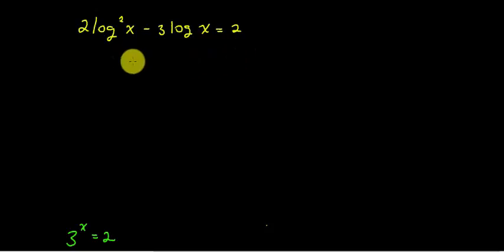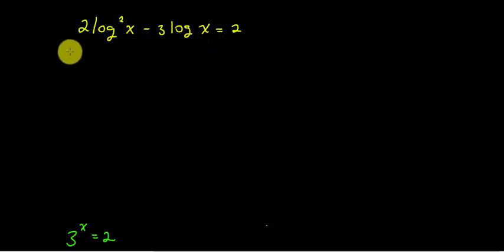How would we solve this equation? Well, we've learned earlier that you can do a substitution method whenever you see things that look like a quadratic form. Here, log base 10 of x could be thought of as just a variable.